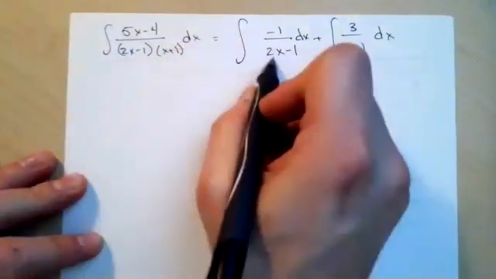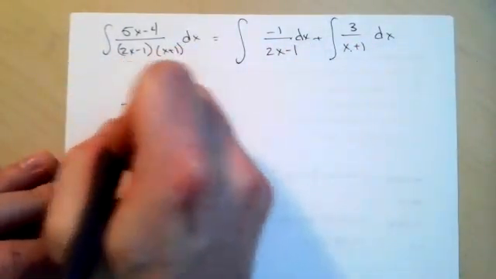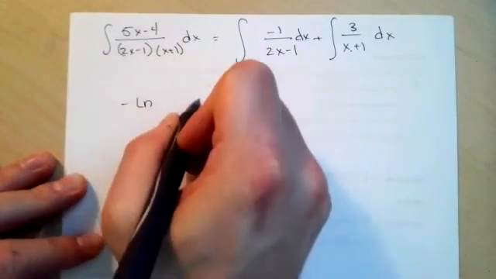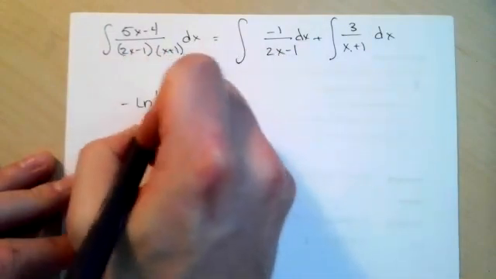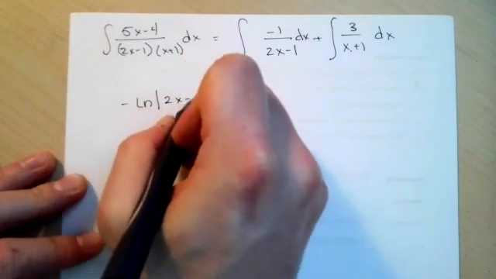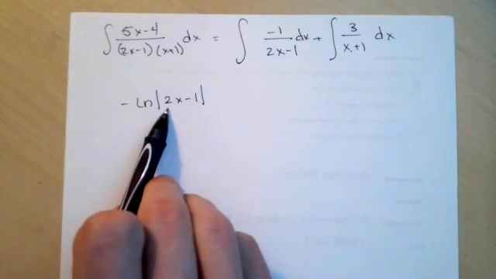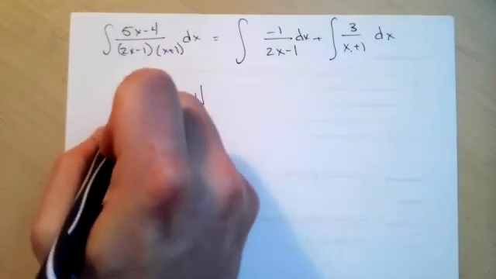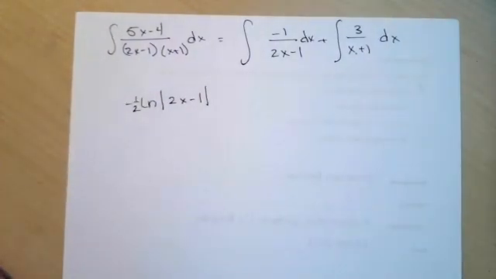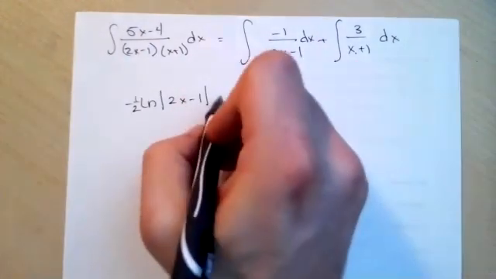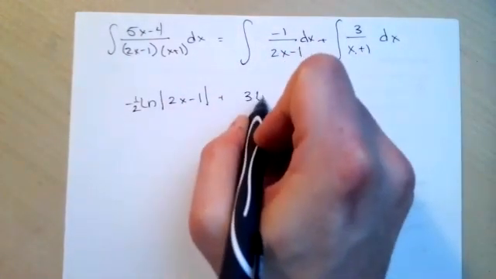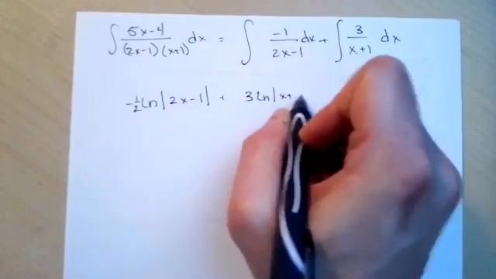The nice thing about linear factors is that it's always going to be whatever that constant is times the natural log. And we needed 2x minus 1. And if we did a u sub, we would reverse our chain rule that we would get for this factor of 2, which would give us a factor of 1/2, plus 3 times natural log x plus 1.